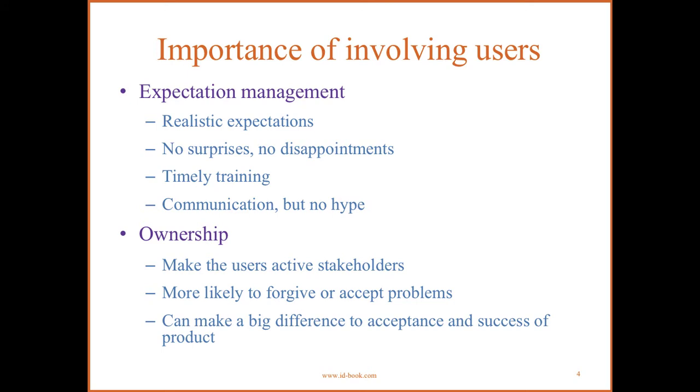We have to think about expectations from management being realistic, with no surprise and no disappointment. It's also timely and involves communication. When users are involved, there is also some ownership, to make sure that what you design will make the stakeholders happy.